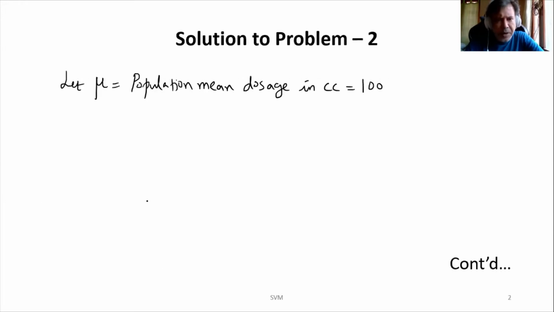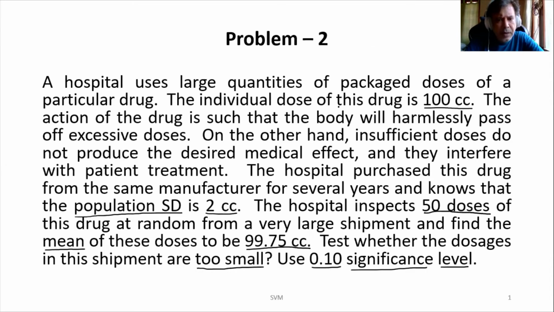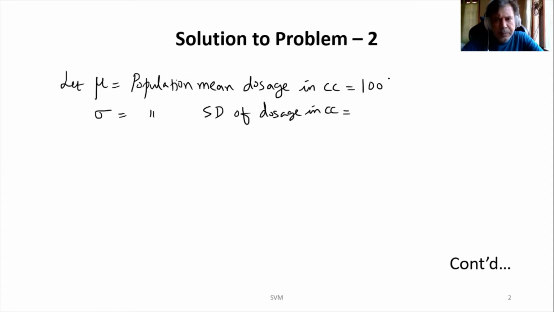Then sigma, the population standard deviation of dosage in cc, is given in the question as 2 cc.